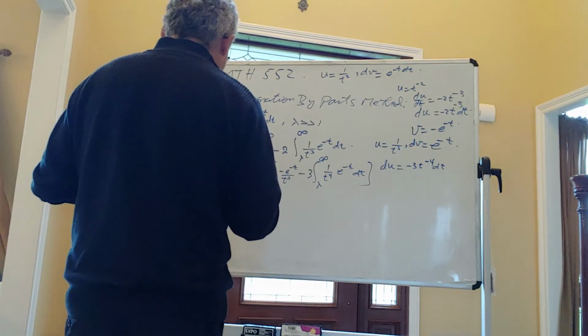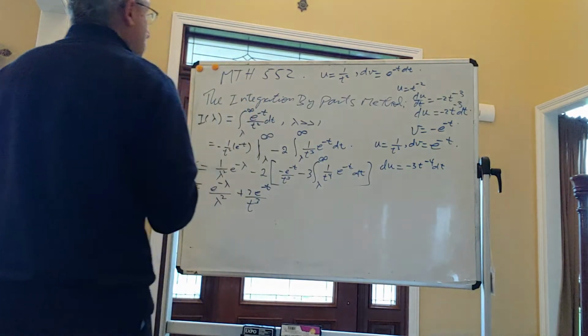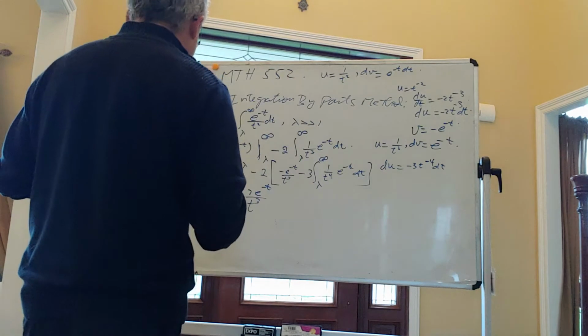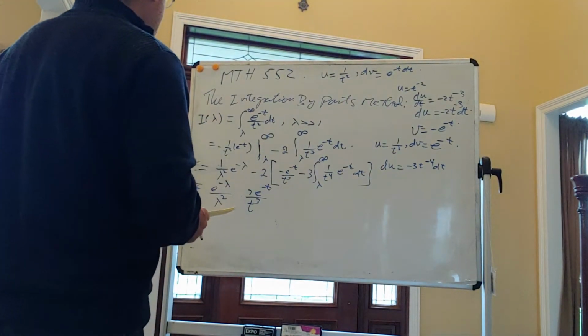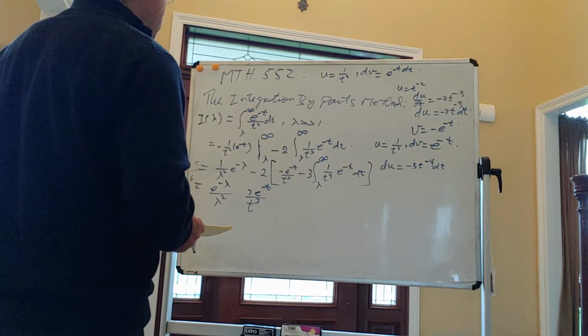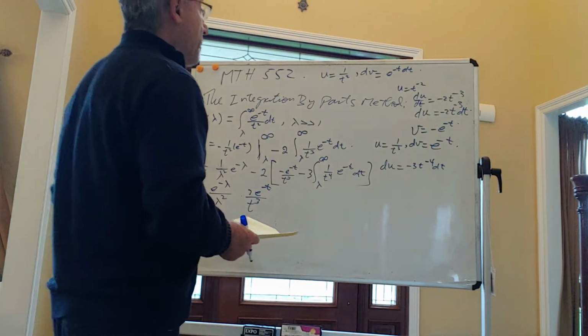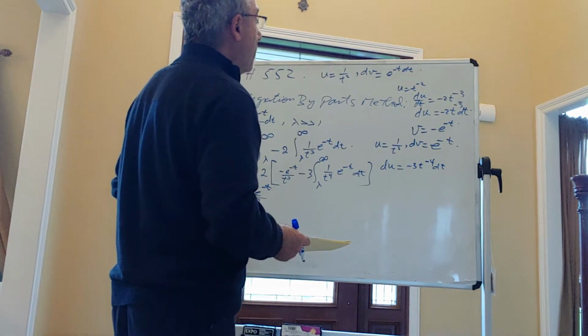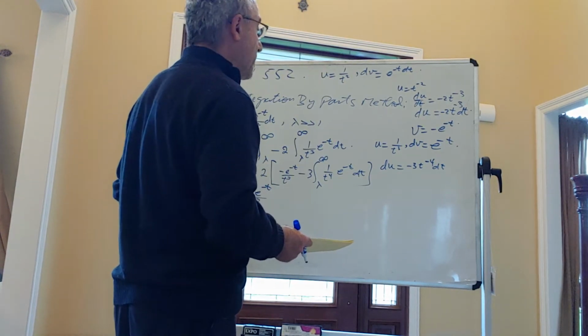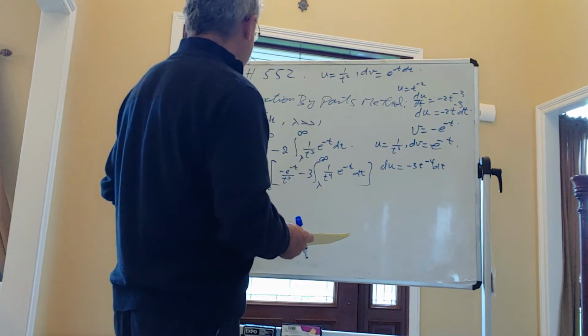All right, so I have a minus here. Let's see where the minus comes from. uv minus v du. v is e to the minus t, and du.